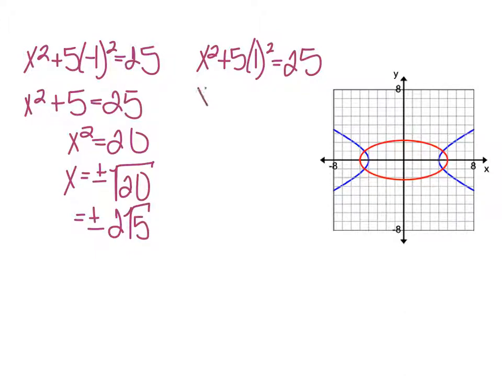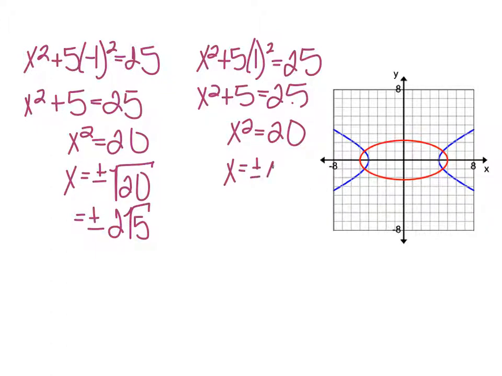Now we actually get exactly the same thing when we solve for x over here. And so what this means is that we have 4 solutions for this system.